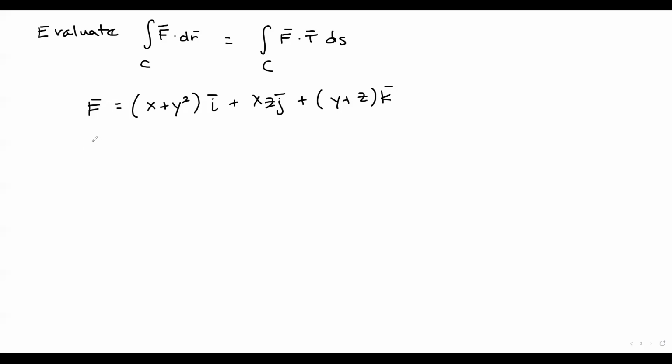They tell you that C is defined by r of t equals t squared i plus t cubed j minus 2t k, and that goes from 0 to 1.